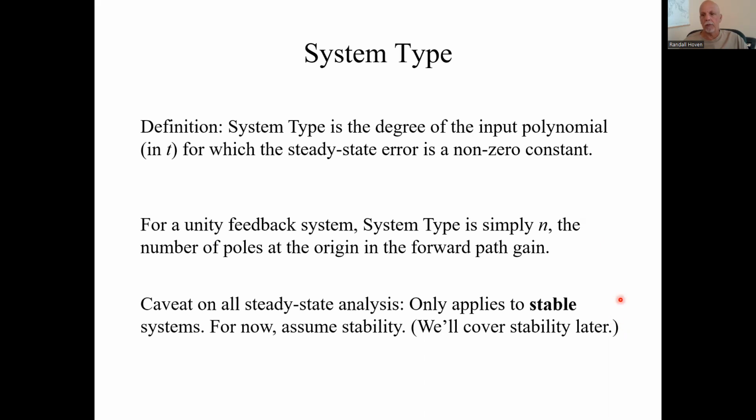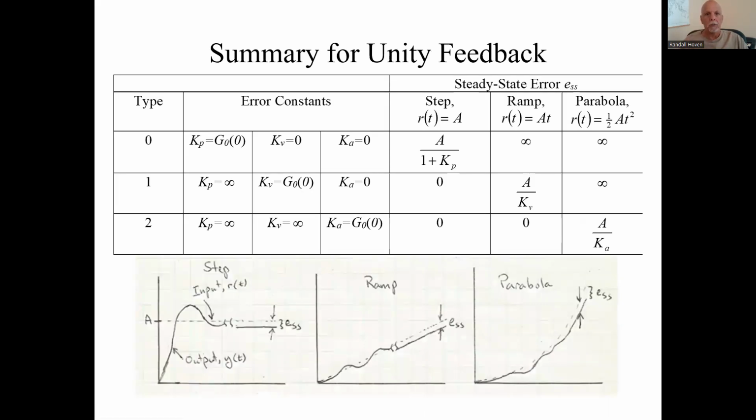And by the way, steady state error, and every performance measure we've been talking about, only applies to stable systems. We'll talk about stability in the future. For now, we'll assume we're talking about stable systems. So here's that stuff summarized in a table. It's a little bit complicated.